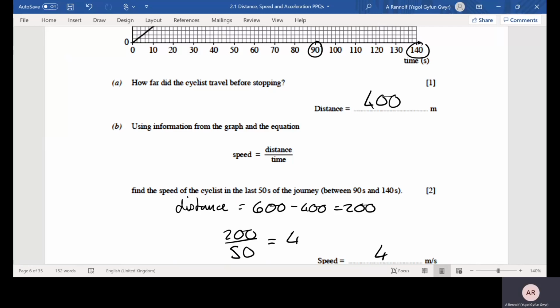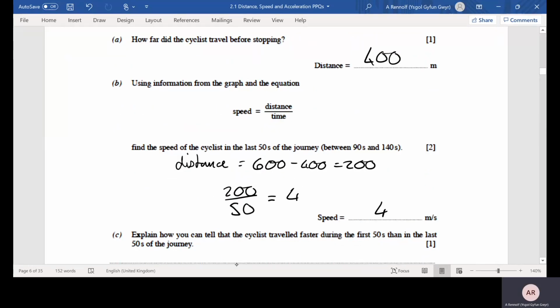Now, one thing I want you to be very careful of when you're doing a question like this is how you set your workings out, how you set your maths out. Because what people often will do is they'll try and just work through in one big step, and it actually means that your mathematical working is wrong. What we don't want to see is something like this, where we say, okay, the distance traveled is 600 minus 400, and that's 200. And then speed is distance over time, so 200 over 50 equals 4.